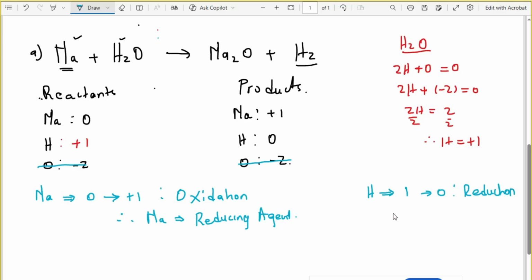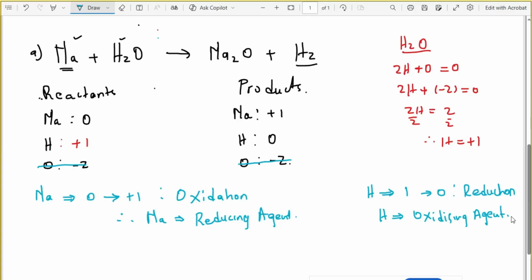Since it's reduction, we can conclude that H is the oxidizing agent.